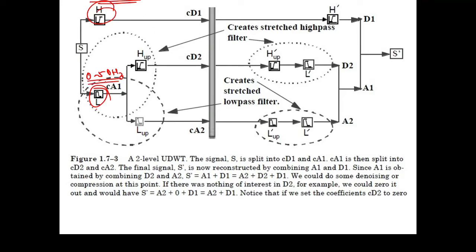In the next level, 0 to 25 and 25 to 50. If there were another level, this would be broken into 12.5 to 25 and 0 to 12.5. Now if you see what we are doing, we are rejecting a large number of frequency components.